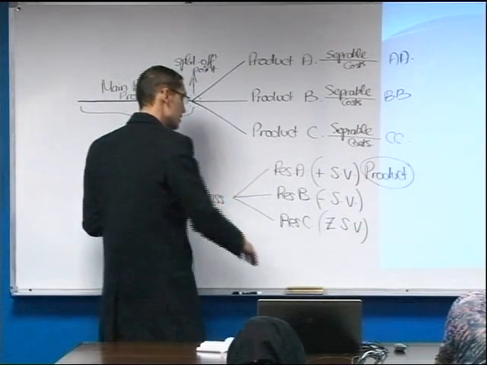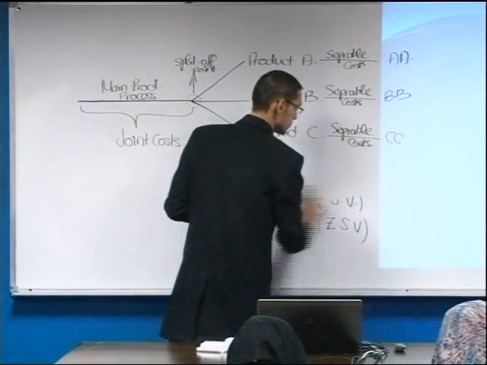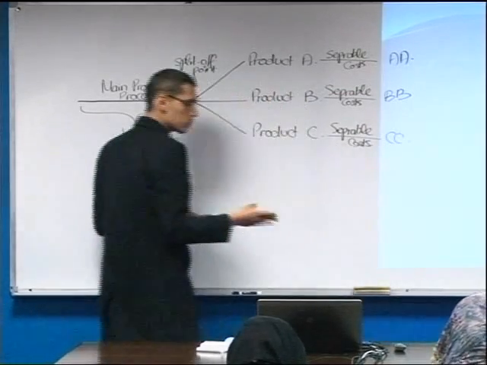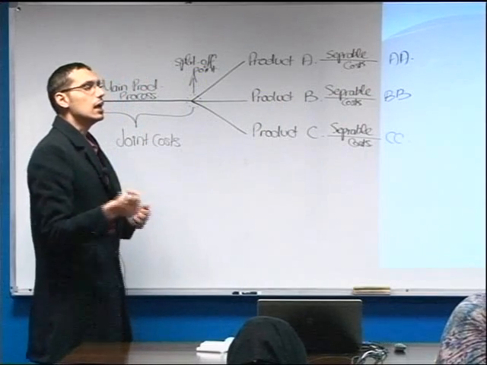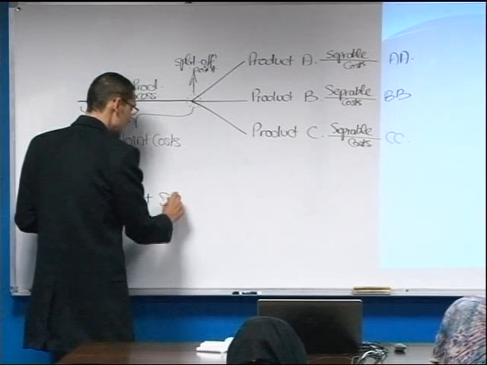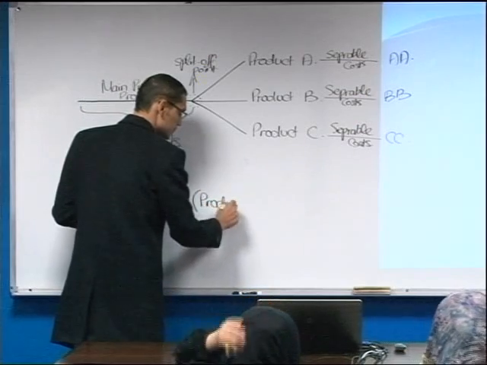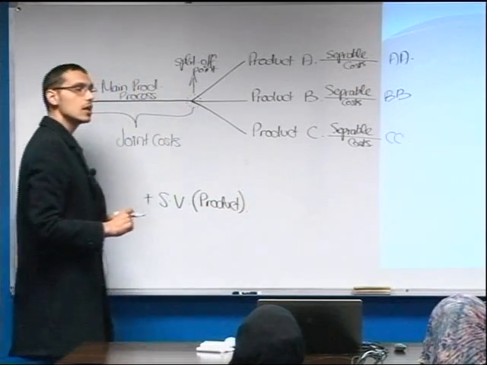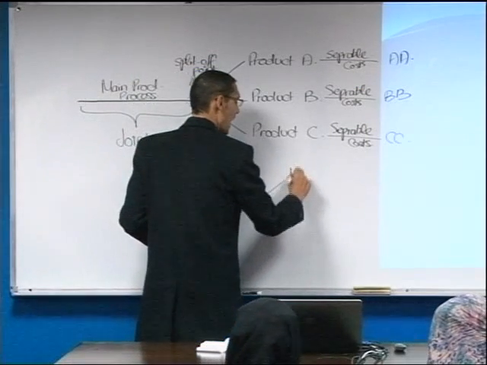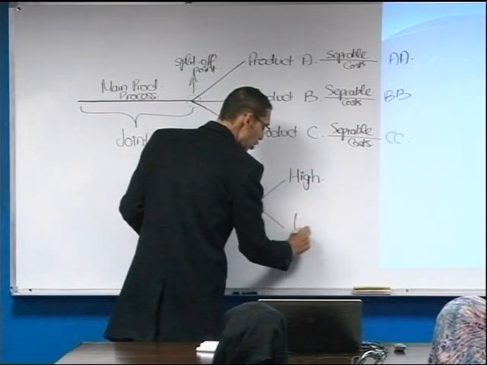Now let us consider the sales value itself, or the sales value of a product. If we have a positive sales value, which means that we have a product, this positive sales value could be a high value or could be a low value.